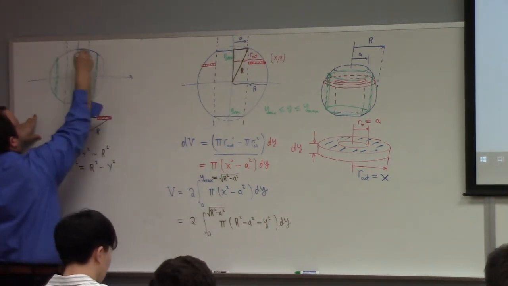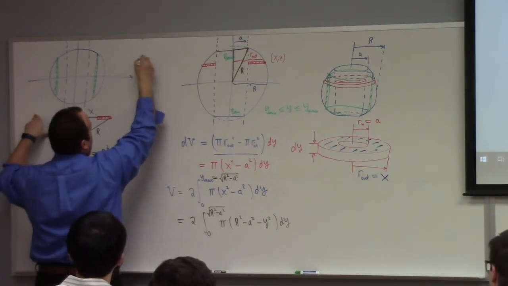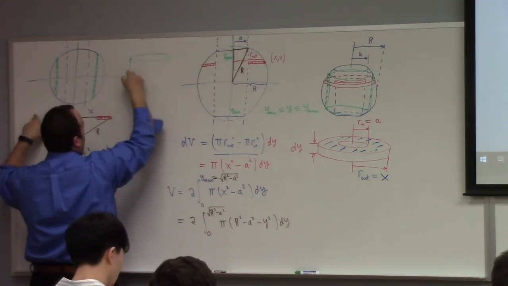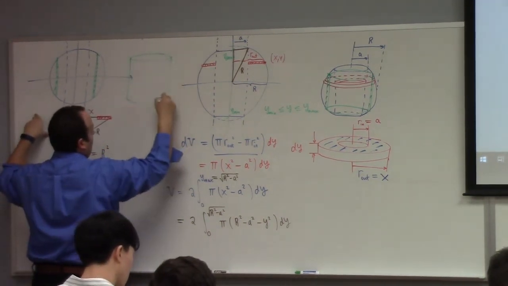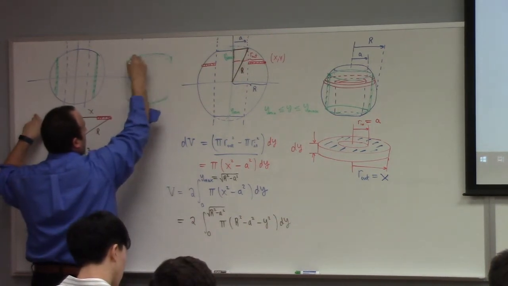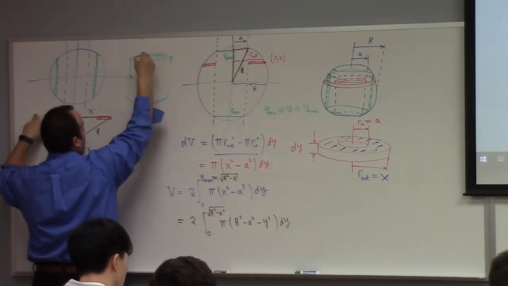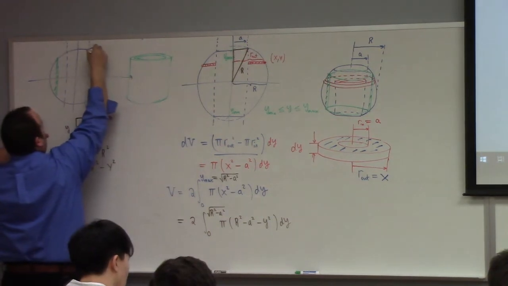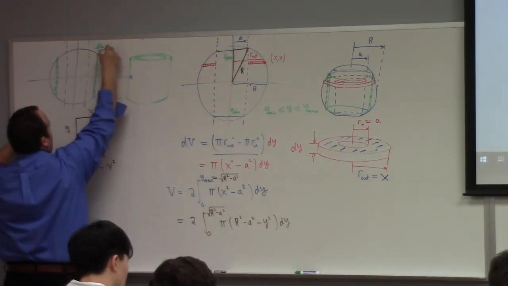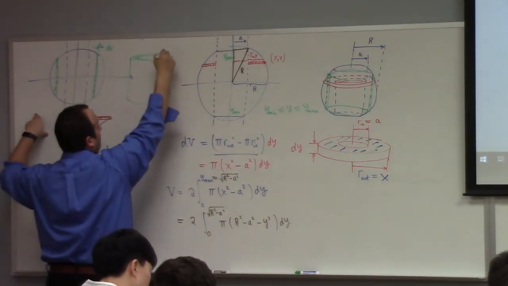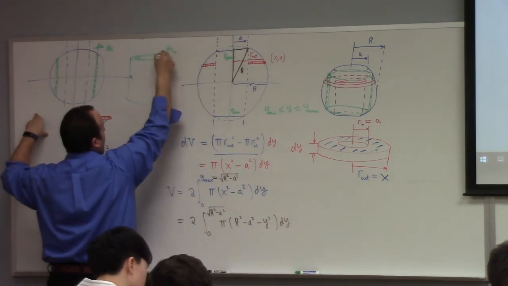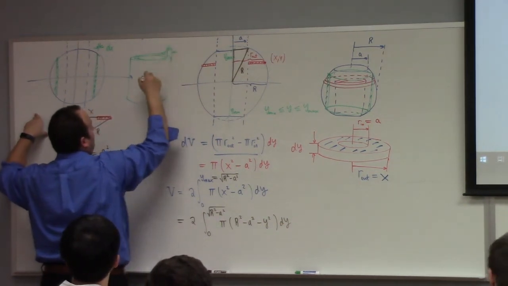All right, and so if I drew it over here separately, this would be the cylindrical shell. The thickness of the cylindrical shell would be dx, right? What's the radius?